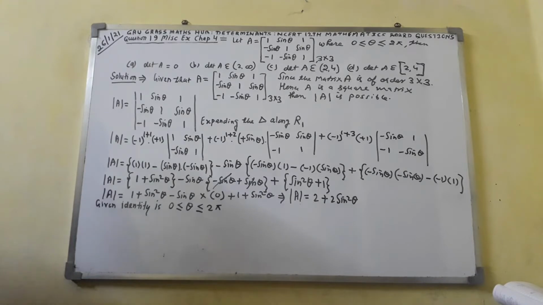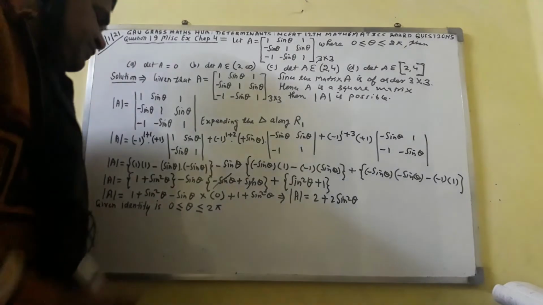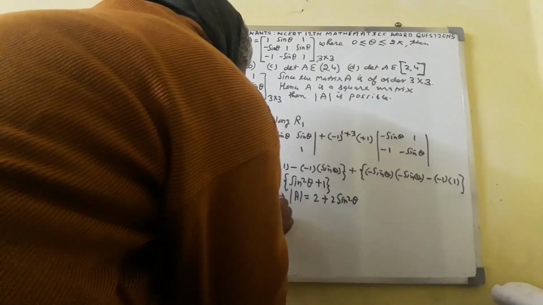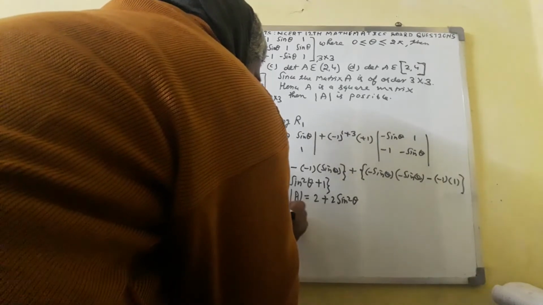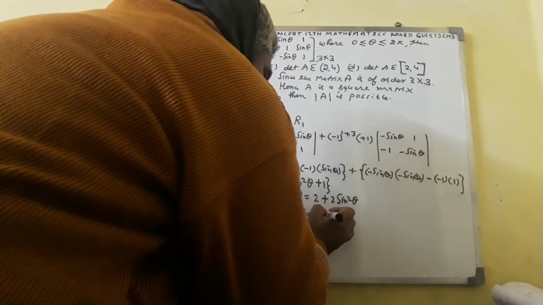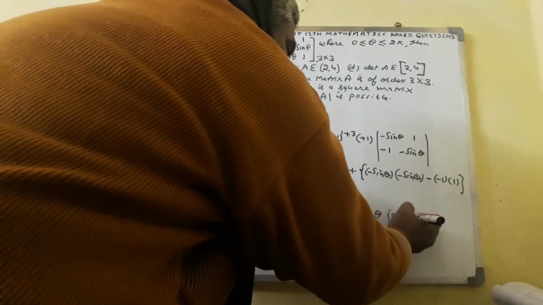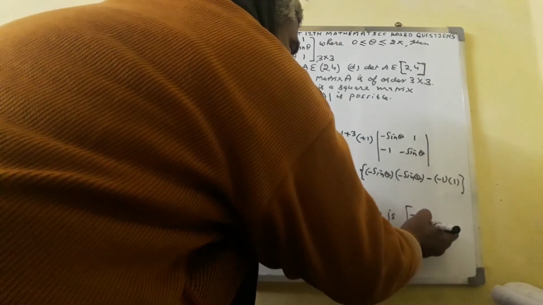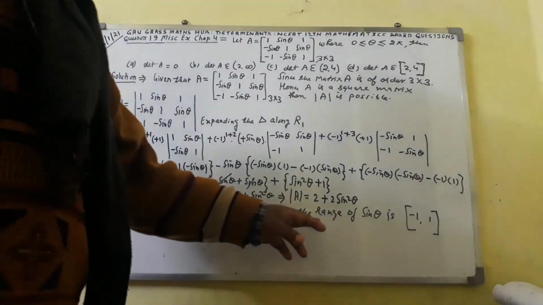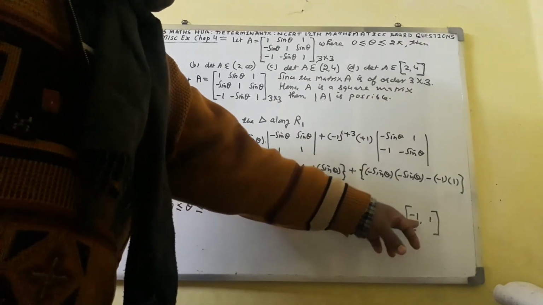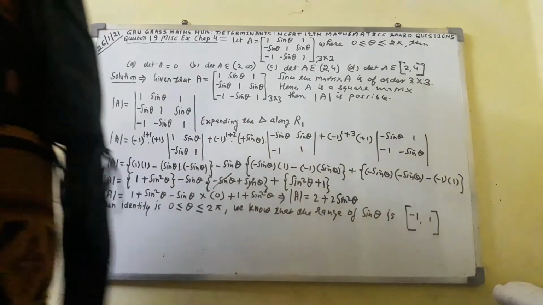So here I shall write, we know that the range of sine theta is closed interval minus 1, 1, closed interval.